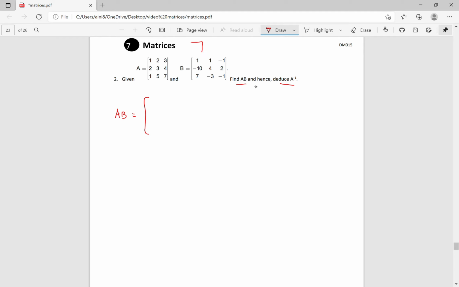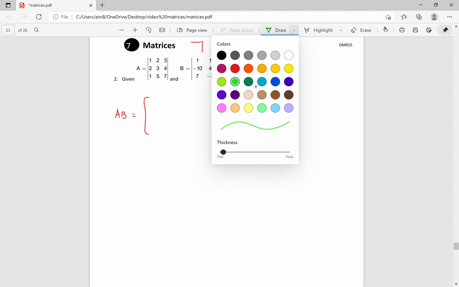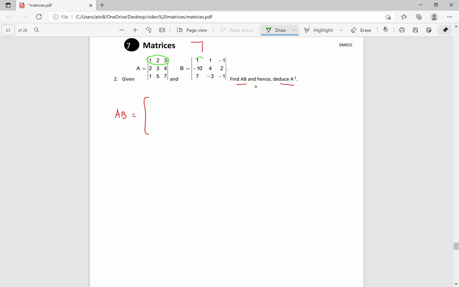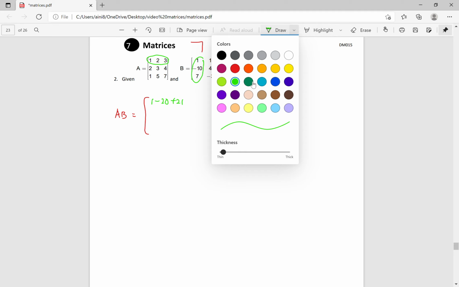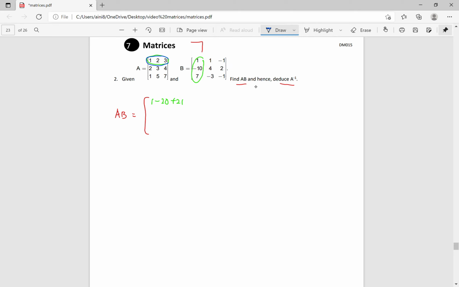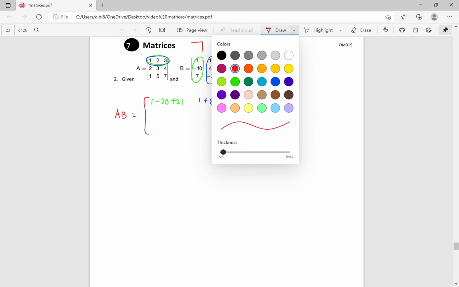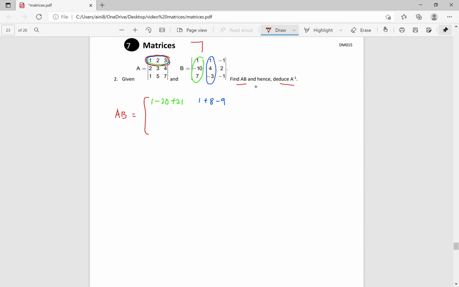So the first row times the first column: 1 minus 20 plus 21. The first row times the second column: 1 plus 8 minus 9. And then the first row times the third column: negative 1 plus 4 minus 3. And the rest you can just put your final answer.